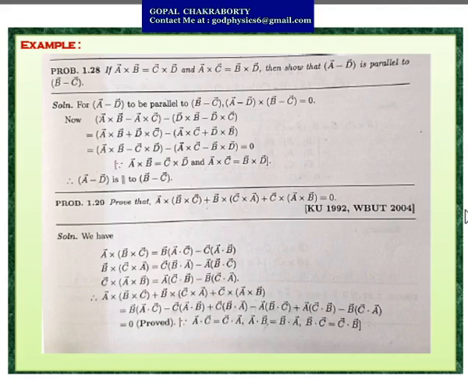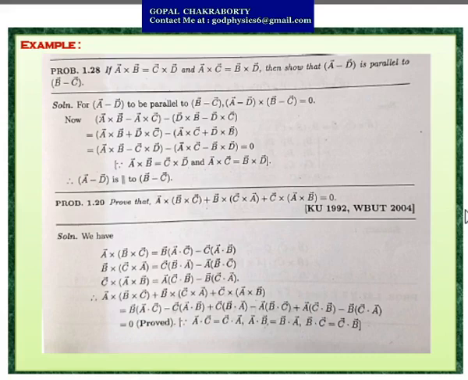For this kind of problem, if you have to prove two vectors are either parallel or perpendicular, that means if two vectors are parallel, you have to prove the cross product of these two vectors is equal to 0, because A cross B equals AB sin theta n cap. If the two vectors are parallel, then the sin theta value will be 0 because the angle will be 0.